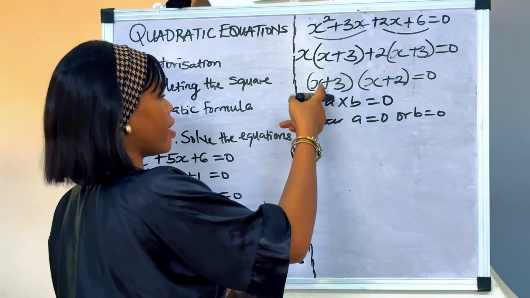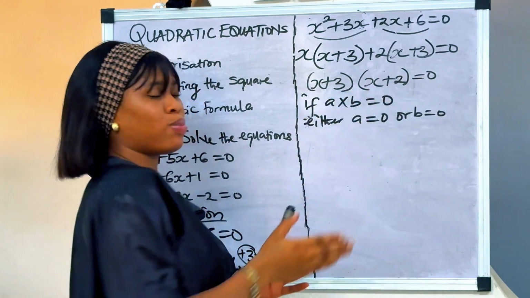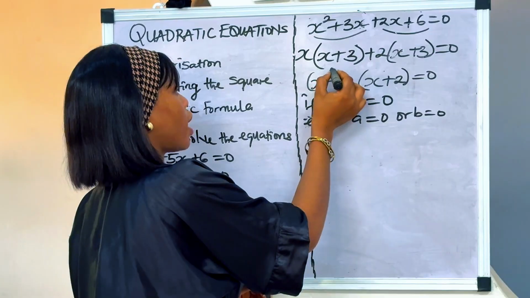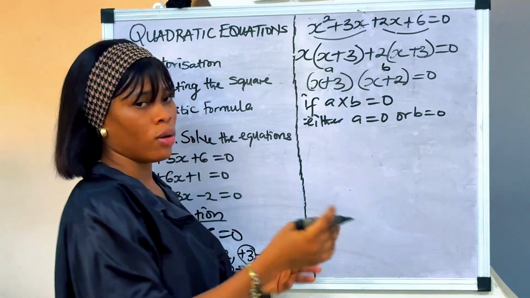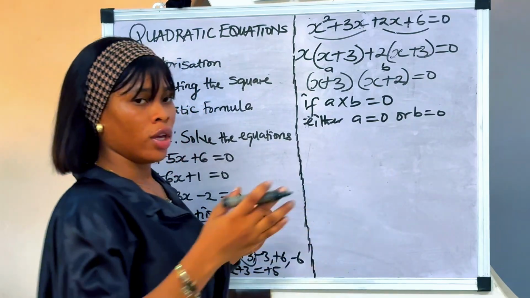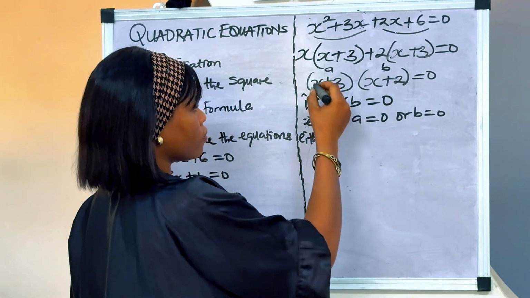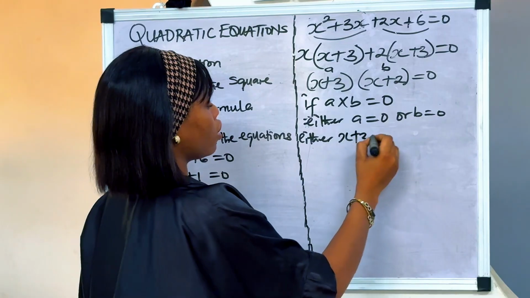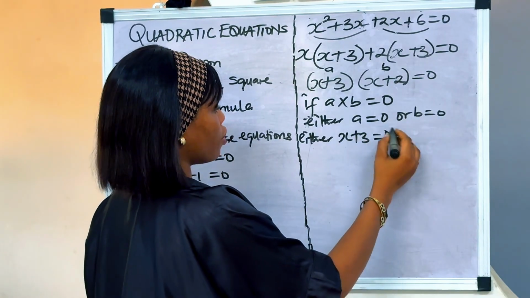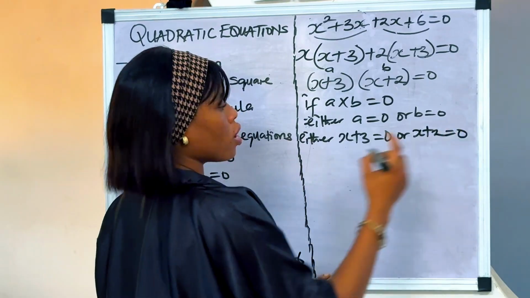So applying this here, remember these are two different terms multiplying each other. We can take this as our a and this as our b. So if this times this is 0, it implies that either x plus 3 equals 0, or x plus 2 equals 0.